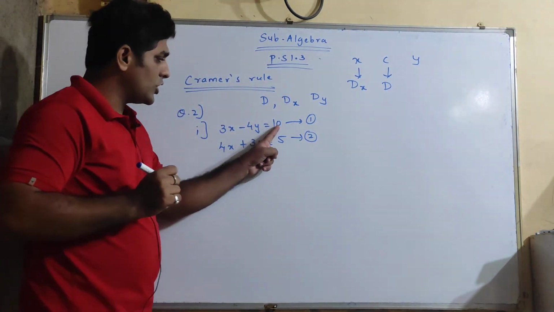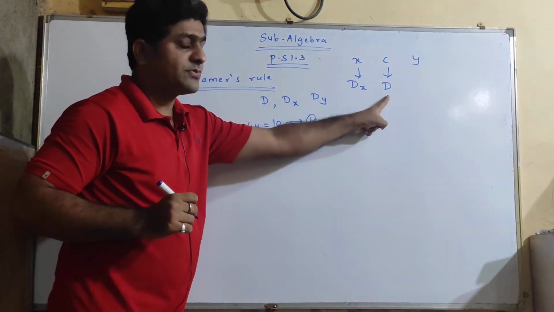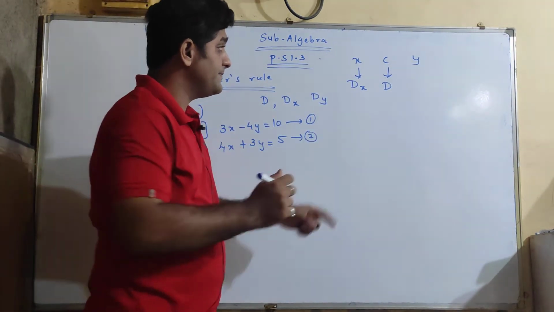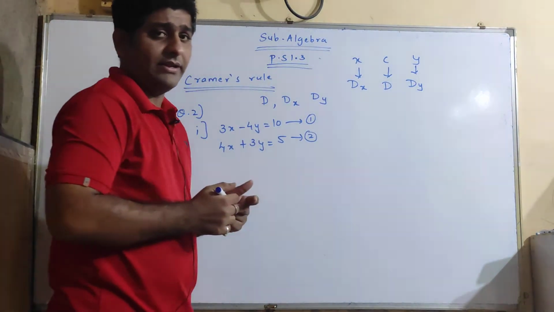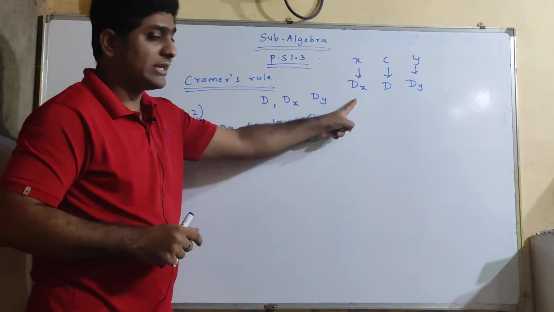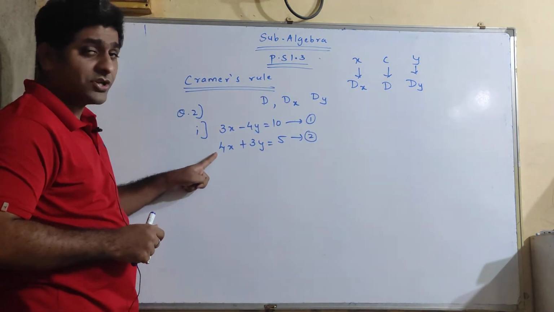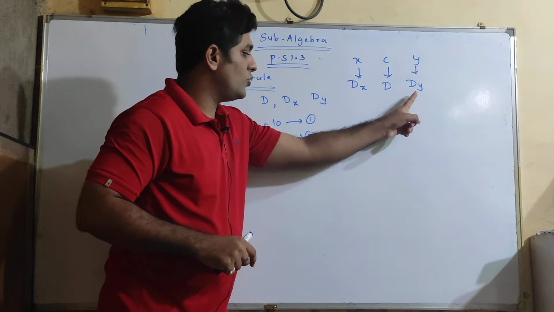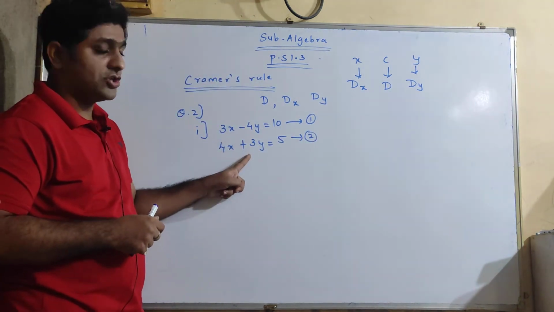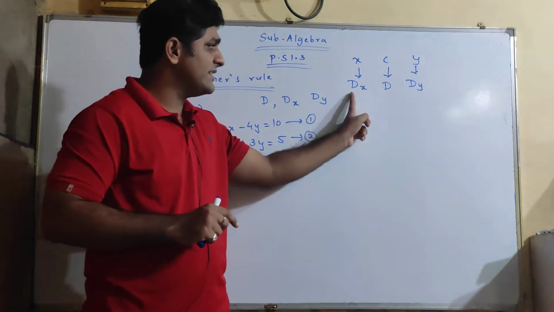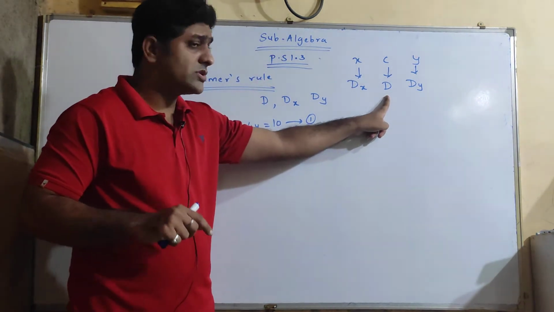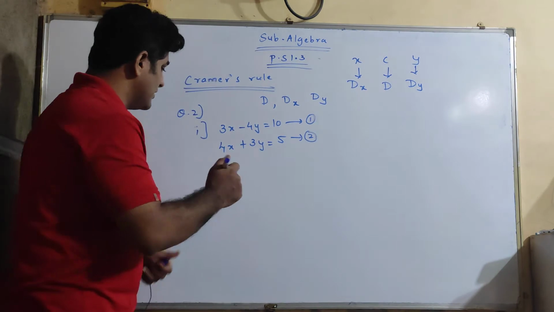C means the constant term, which corresponds to determinant D, and y means Dy. When I talk about x, I mean the coefficient of x, and when I talk about y, we talk about the coefficient of y. Now how to apply this rule to find these three determinants? Suppose first I want to frame the determinant D.